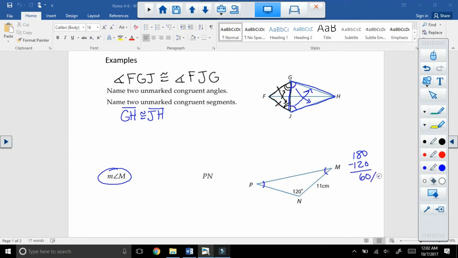Then I divide by 2, so each one of those would be 30. And because those are congruent, the sides that are opposite from them are congruent also. So the length of PN would be 11 centimeters.